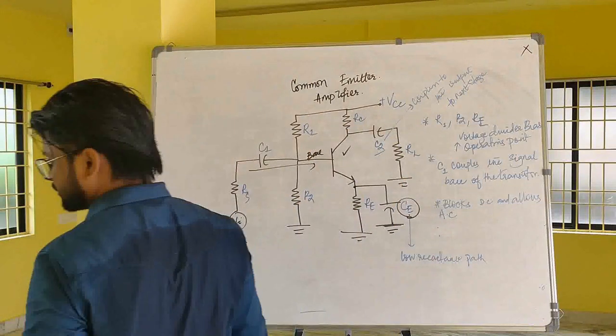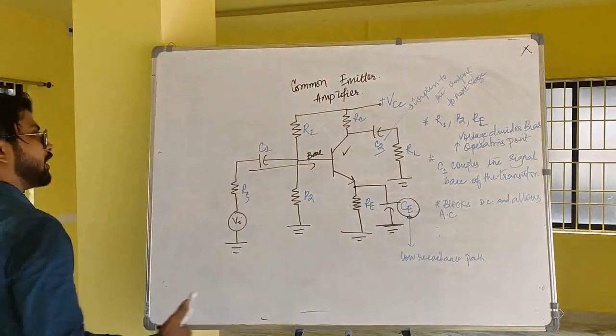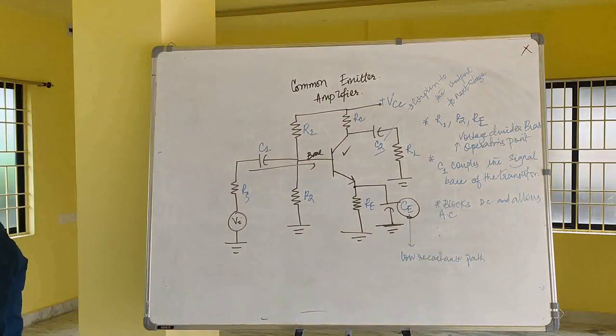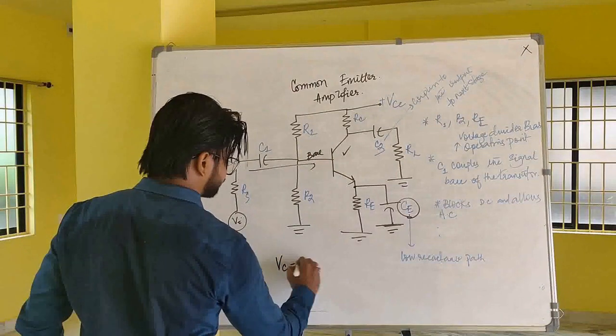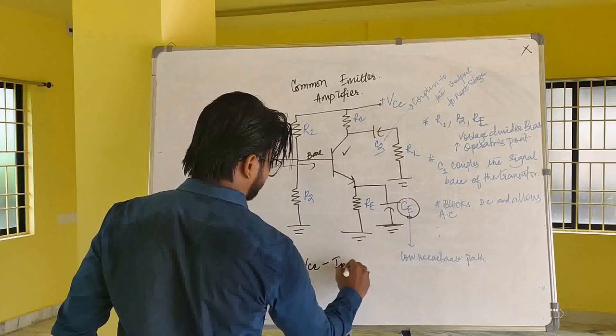There are a few more points regarding this common emitter amplifier. Those are the phase relationship. The phase relationship between the input and output voltages can be determined by considering the effect of positive and negative half cycles separately, where the collector current is beta times the base current, and it follows the equation Vc equals Vcc minus IcRc.